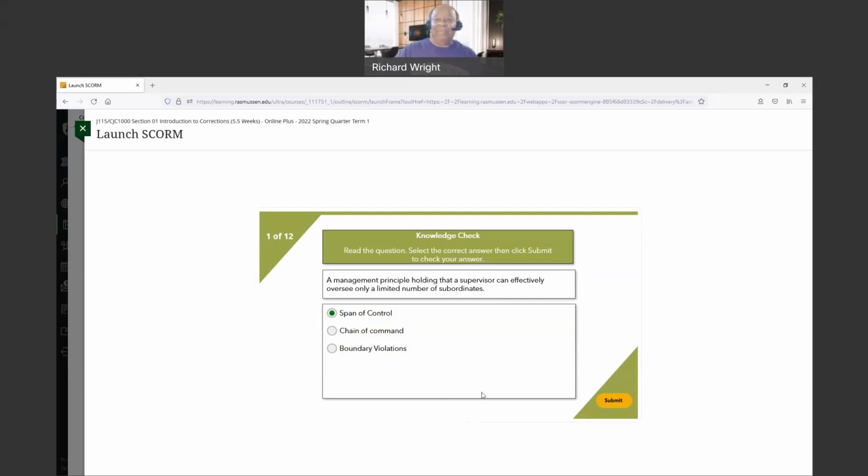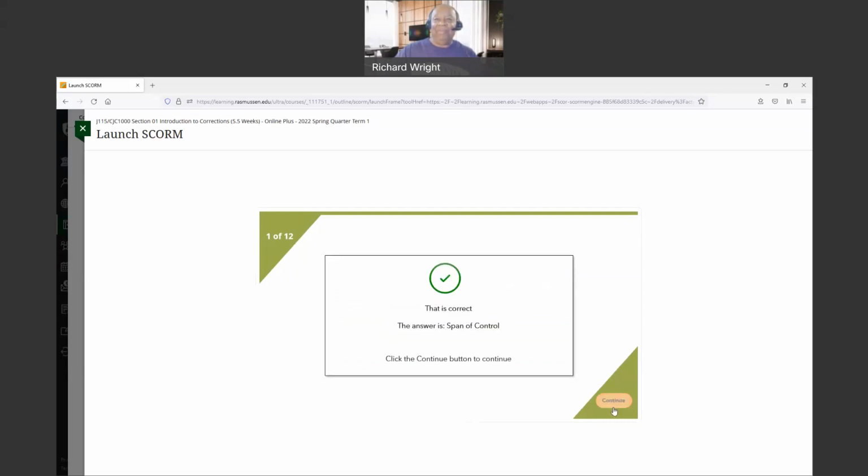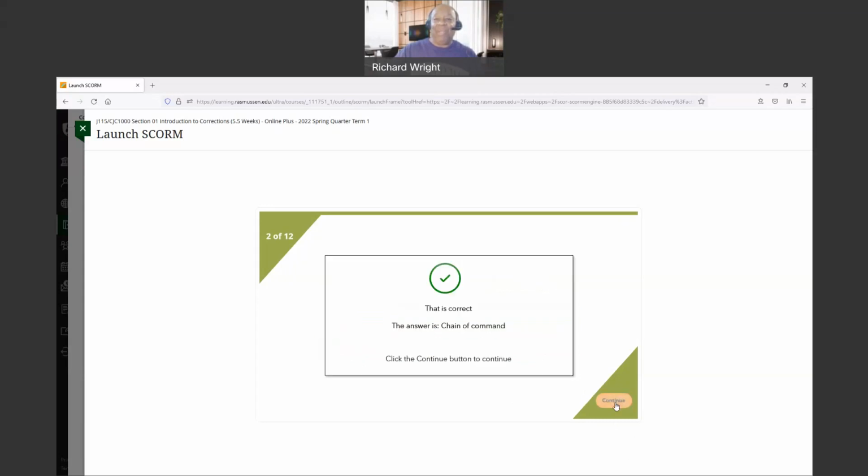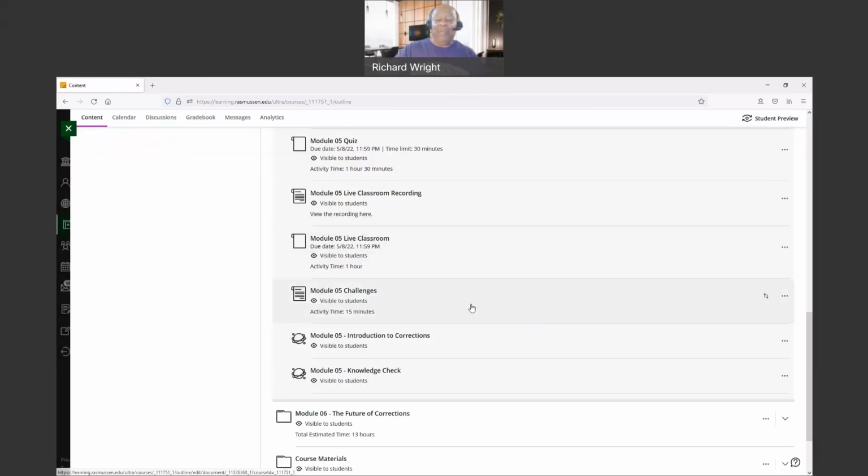This sounds like it, but let's see if it's right. There you go. Span of control. One last one. A series of organizational positions in order of authority, with each person receiving orders from one immediately above and issuing orders. How about just trying this one? And that is correct. So you can go over each of these and they will help you.